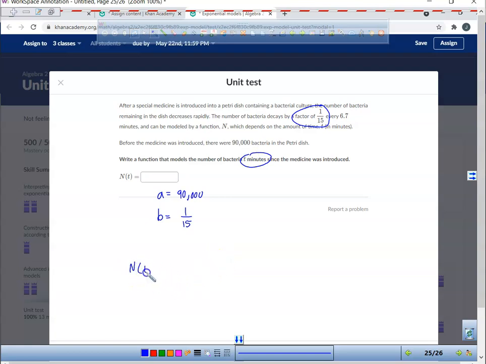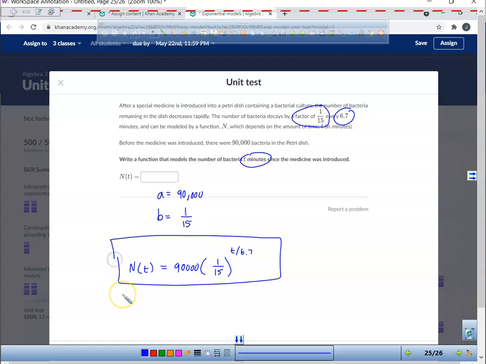Here's my final answer. Our initial amount is 90,000, so I'm just going to put 90,000. Our decay factor is 1 over 15, so put 1 over 15, and it's happening every 6.7 minutes, so I'm just going to put T over 6.7, and that's it. That's my answer. All right, I'll just type that in.